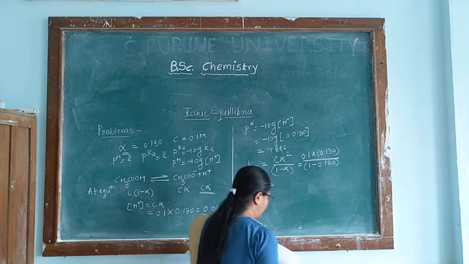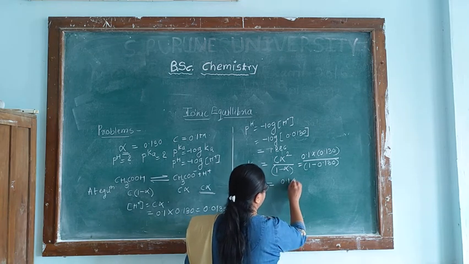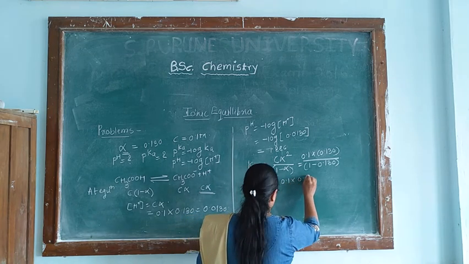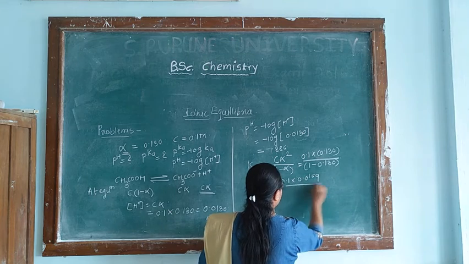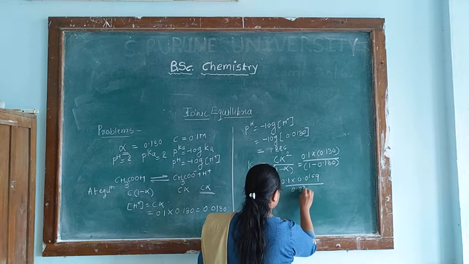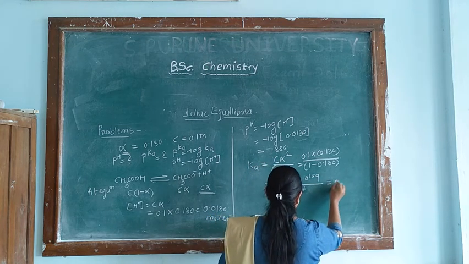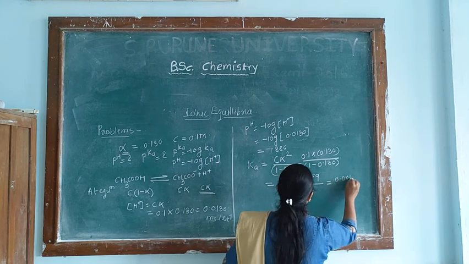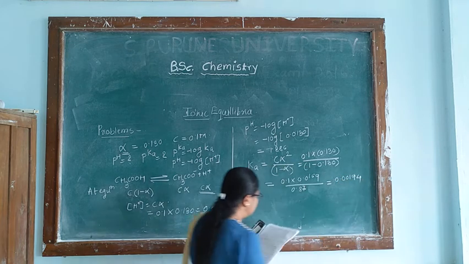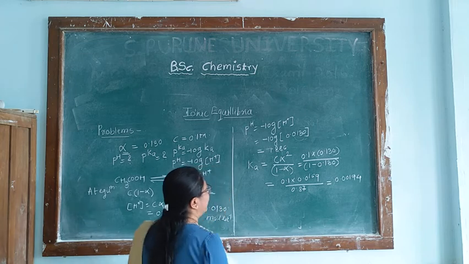So this is equal to 0.1 into 0.0169 divided by 0.87, which is equal to 0.00194. This is the value of Ka.